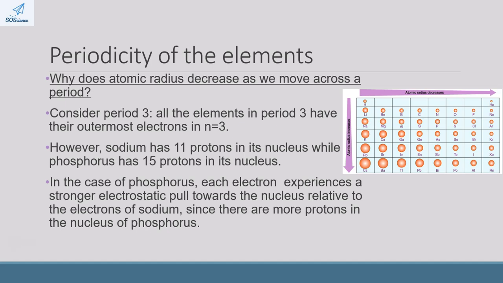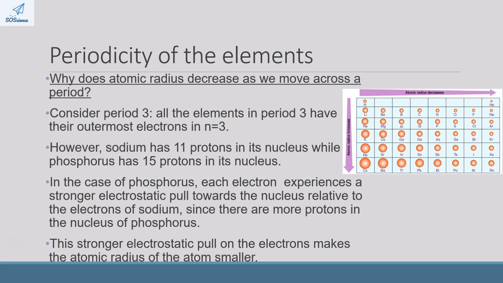So 11 protons provides a weaker electrostatic force of attraction relative to 15 protons. Each electron is less attracted to the nucleus of a sodium atom than each electron in a phosphorus atom. It's more attracted to the nucleus because the nucleus has got a bigger positive charge.